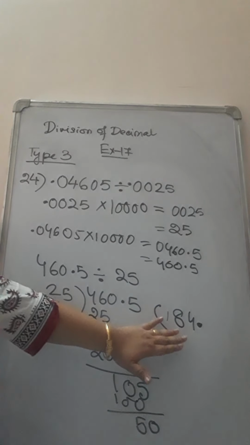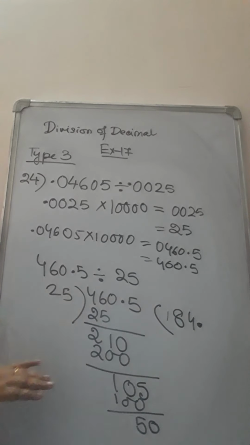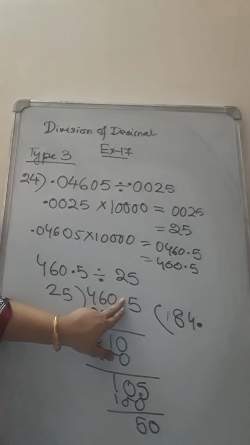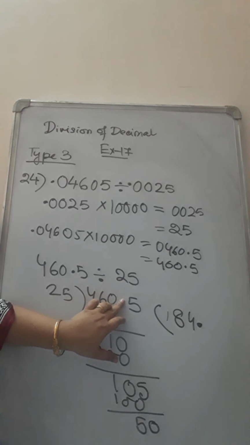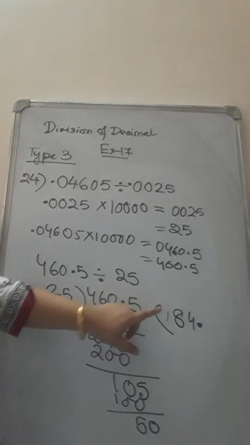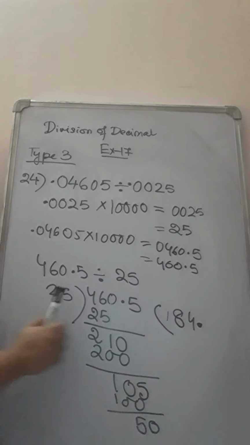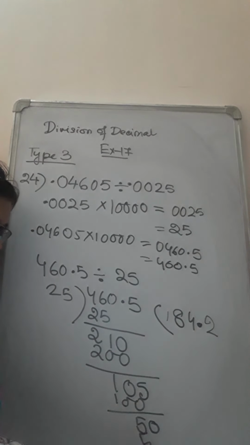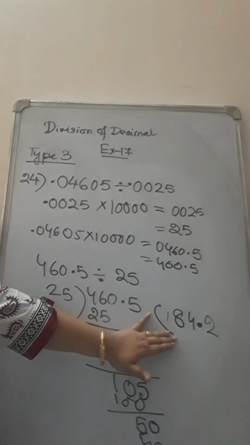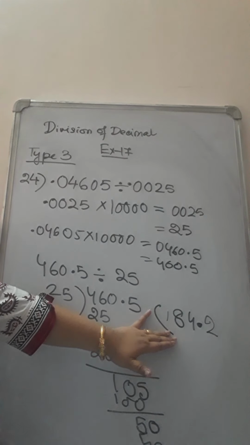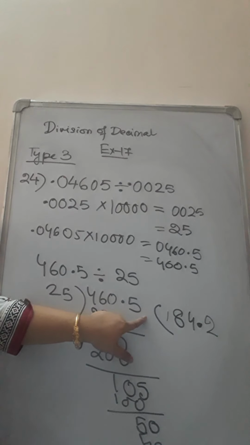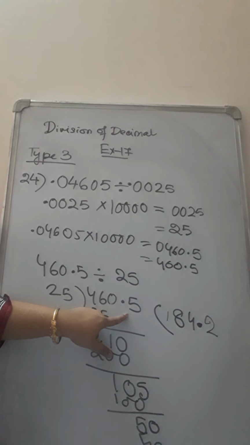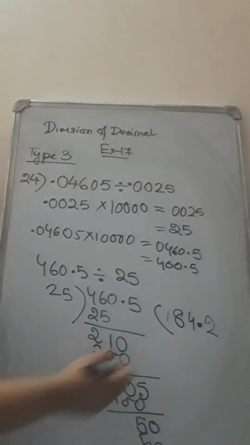Now this point is simply coming when I am solving the division without thinking of the point, as if I am dividing 4605 by 25. So 25 twos are 50. Now the problem is solved. You cannot write this as the quotient because you also need to check where the point was in the dividend. Here the point was before one place, so you have to consider that in the quotient.